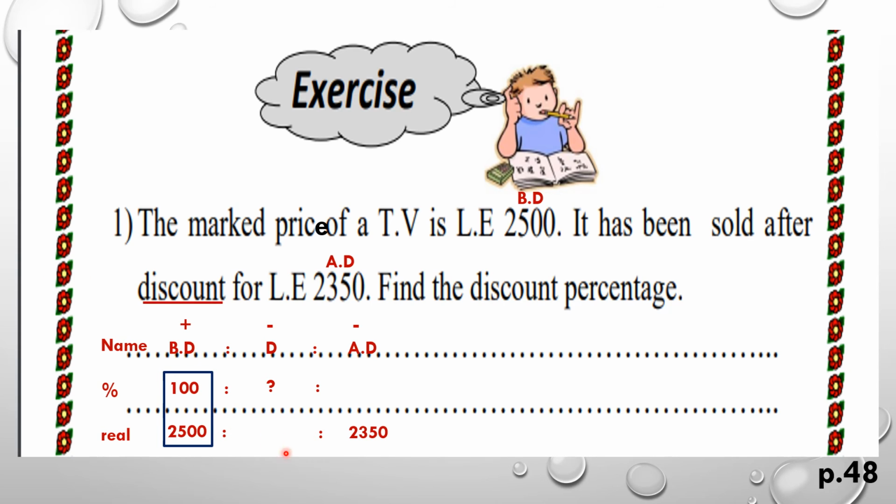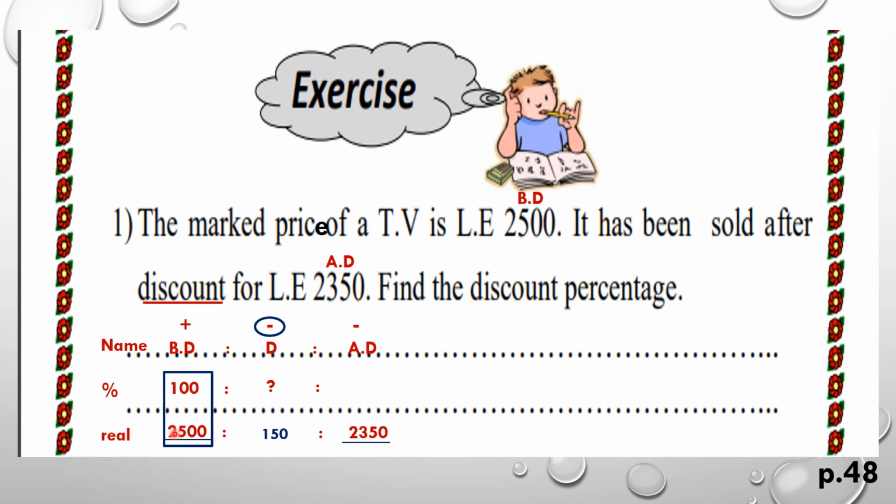We need to fill this space so we can find the discount percentage using cross multiplication. How can I fill this space? I'm going to check the sign. What's the sign which we have on this empty space? We have minus. So we are going to subtract. Subtract what? The other two numbers which we have in the same row. 2500 minus 2350. The result will be 150.